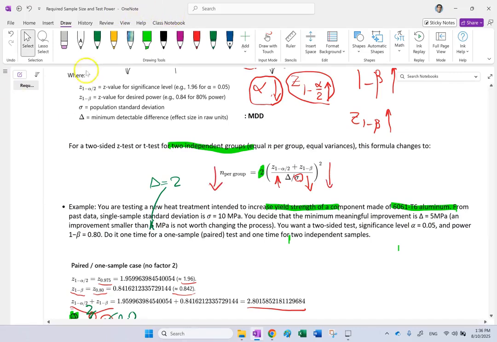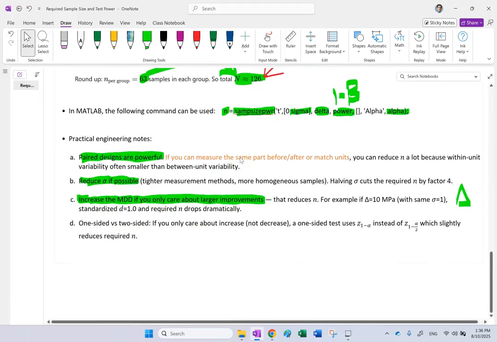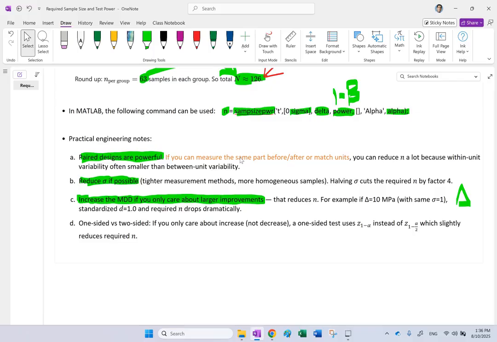So a smaller sigma means a smaller number of samples, and it's kind of obvious because when you have a smaller sigma, it means your data are much closer to their center. They are clustered about the center much better, or we call it the measurement data are tighter in terms of their spread. So if I can cut sigma by a factor of 2, that means the number of samples I need is going to go down by a factor of 4.